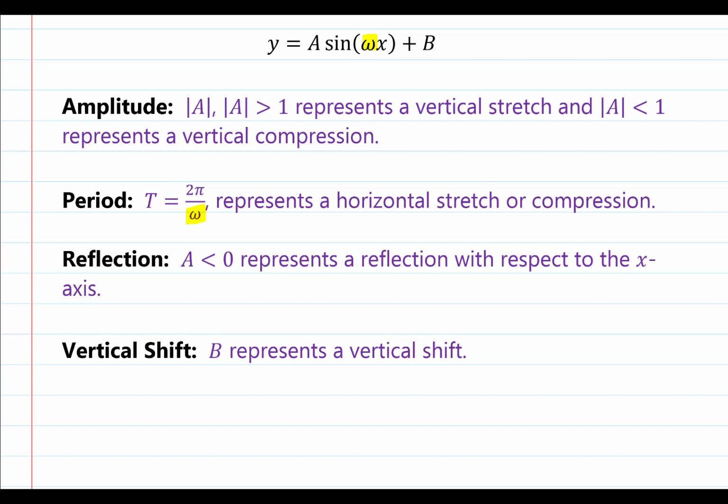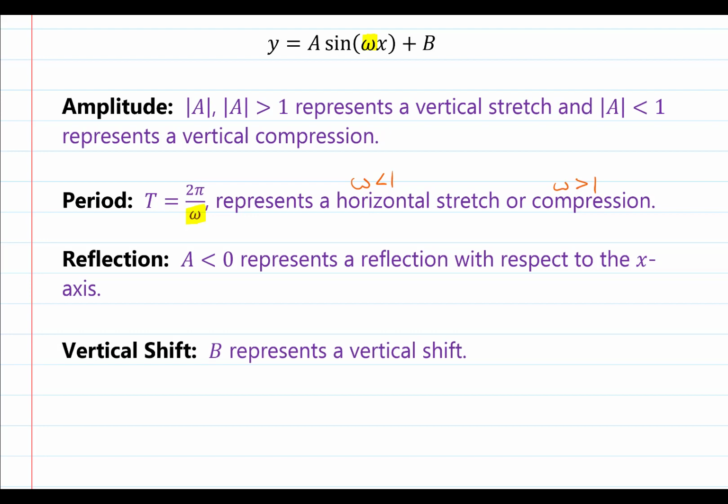So if omega is larger or less than 1, then your period will no longer be 2 pi, which means what you have is a horizontal stretch or compression. If omega is greater than 1, it's going to represent a horizontal compression. And if omega is less than 1, it's going to represent a horizontal stretch.